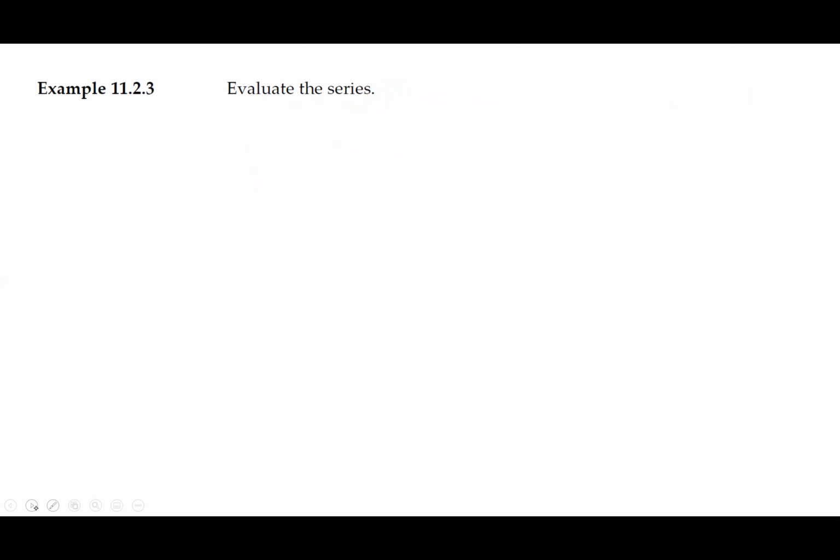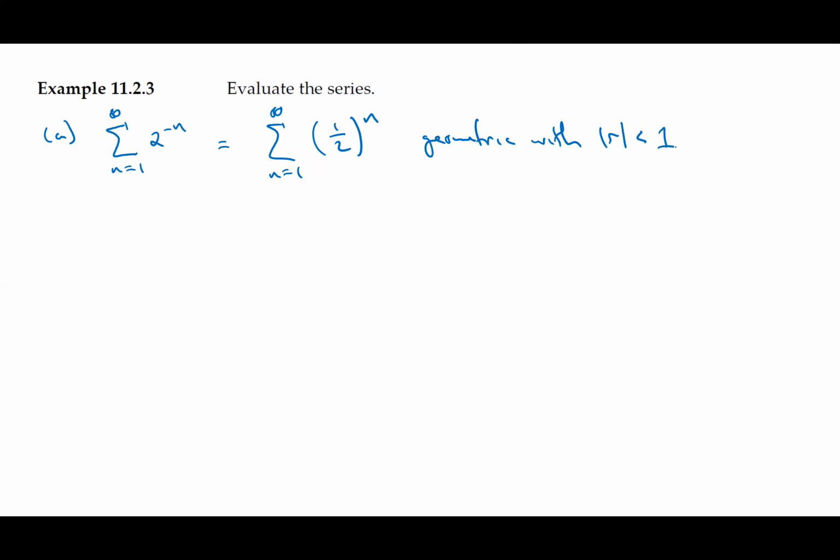Evaluate the series. So the first one, we're going to look at the sum from n equals 1 to infinity of 2 to the negative n. Well, let's rewrite that, right? That's the sum from 1 to infinity of 1/2 to the n. And this is geometric with r, absolute value, less than 1, right?